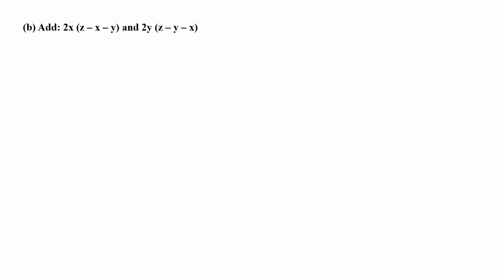Here it is 2x multiplied with z minus x minus y and 2y multiplied with z minus y minus x. So again, like the previous question, first I am going to find the simplified form of the expression. So it will be 2x multiplied by z, which will give me 2xz, minus 2x into x will become 2x square, minus 2x into y will become 2xy.